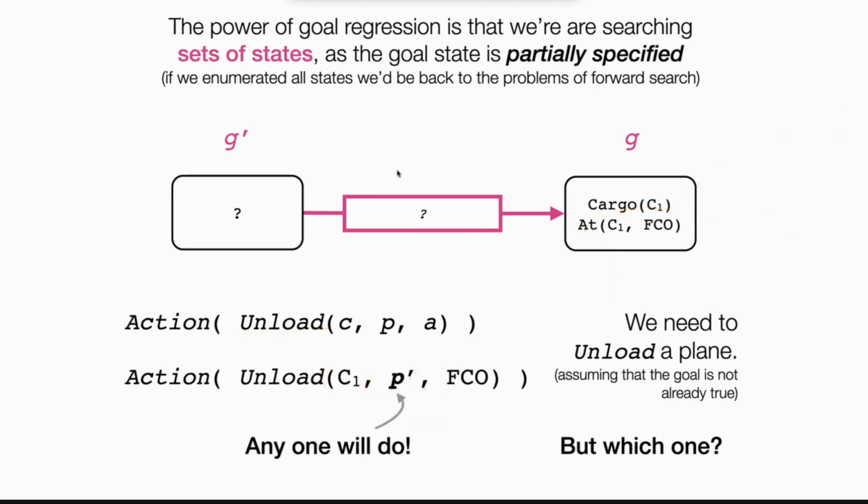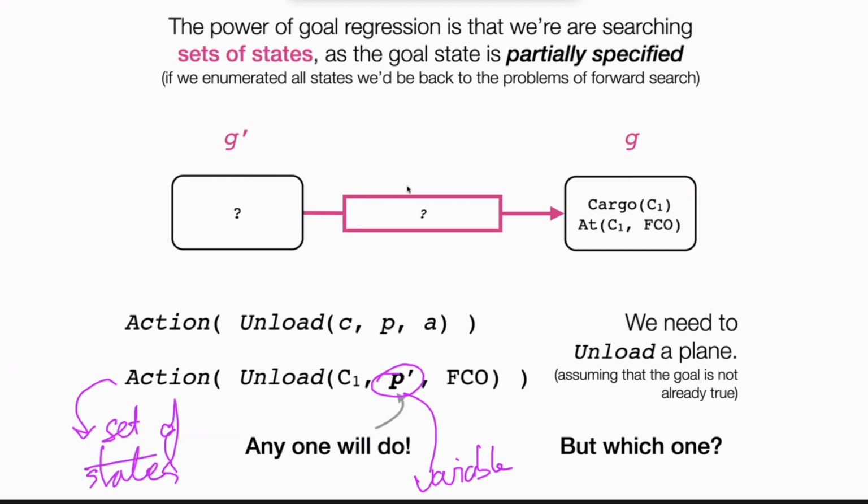And the answer is, it doesn't matter. So instead, we place a variable here that stands in for the plane. It says, at this point, we don't care which plane we use. And that allows us, again, to express a set of states, because we're representing this action with all possible planes.